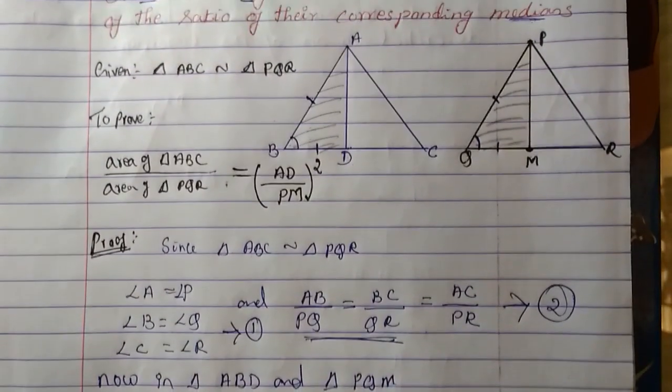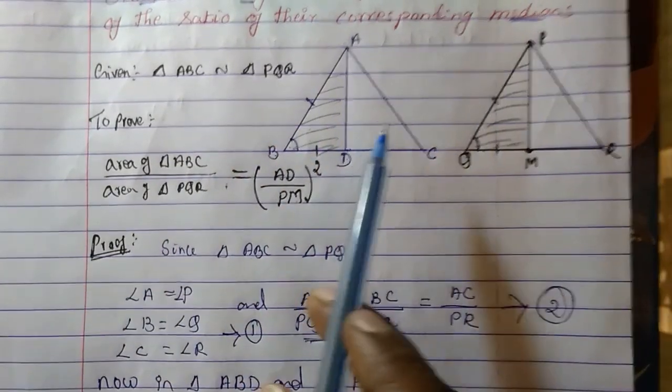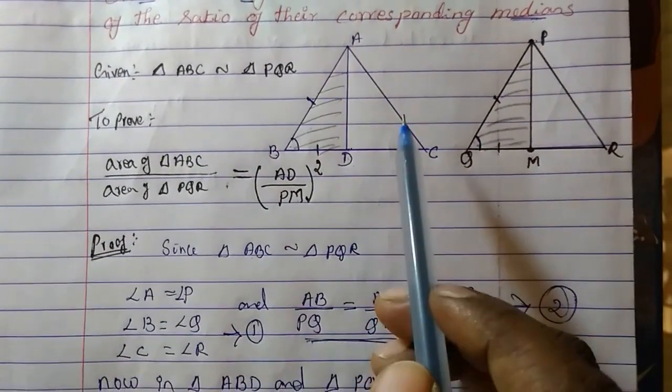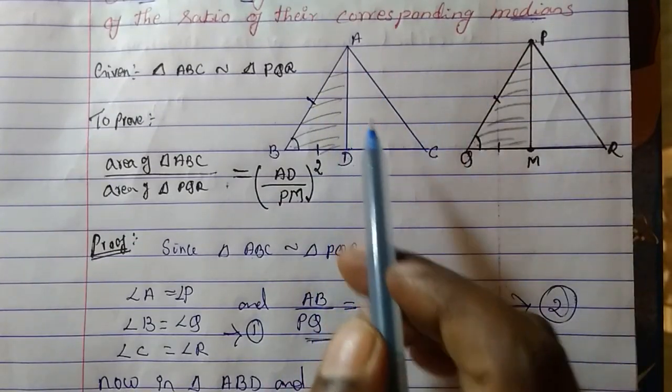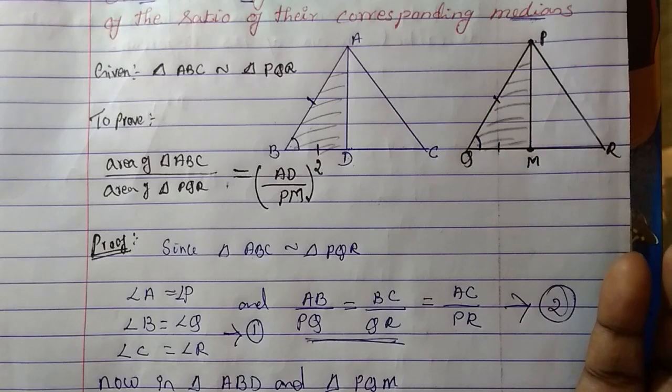According to theorem 6.6, we know that when two triangles are similar, the ratio of their areas will be equal to the square of the corresponding sides.